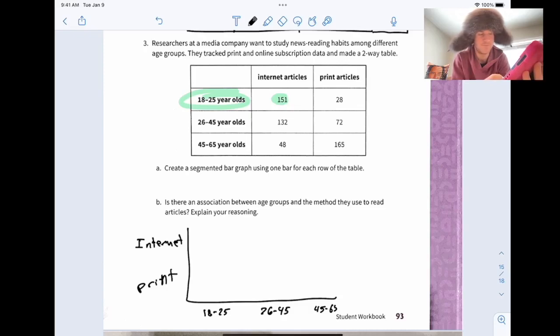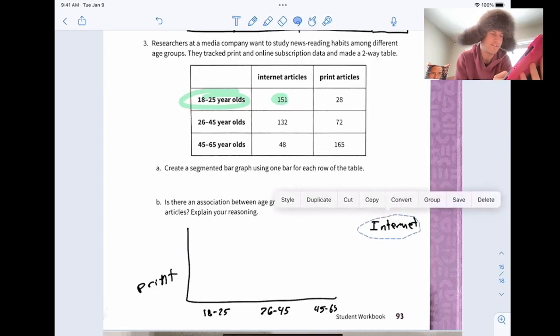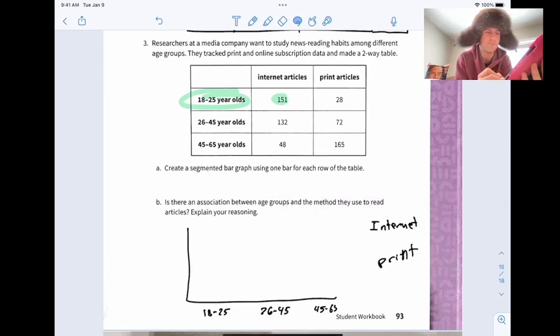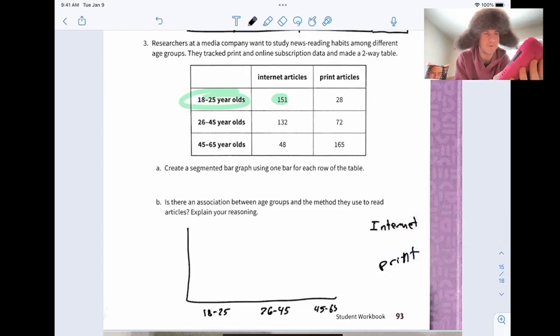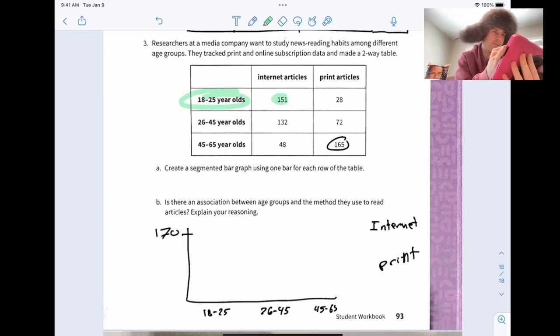Okay? So with that, actually, sorry, let's make internet and print. So internet and print aren't actually going to be on the axis because we've got our number of people here, right? So if you go up by 10 or 20, you want to be able to reach 170 because our largest number is 165, okay?